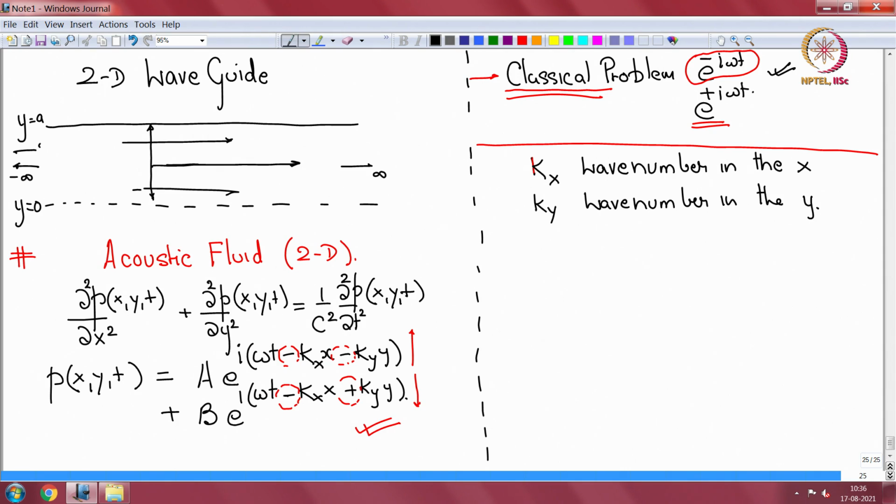Okay, so that now you should know kx squared plus ky squared should be equal to the acoustic wave number squared, which is omega squared by c squared. Okay, c is the speed of sound. Okay, so that's for now the information about the acoustic fluid.